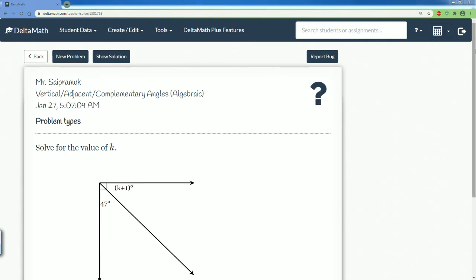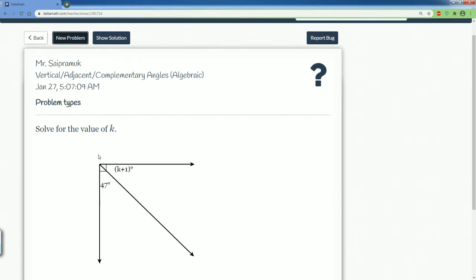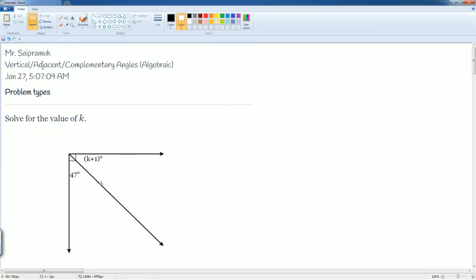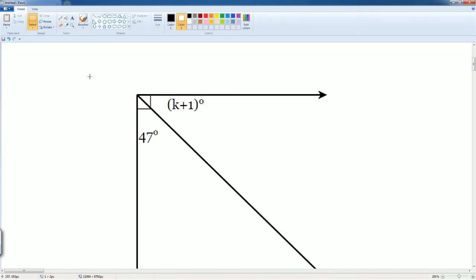The last one is this, which is solving for the value of k in this right triangle. These are complementary angles because they add up to 90 degrees because of this right triangle. Let's see that. We zoom in to see that the box here indicates that it is 90 degrees.